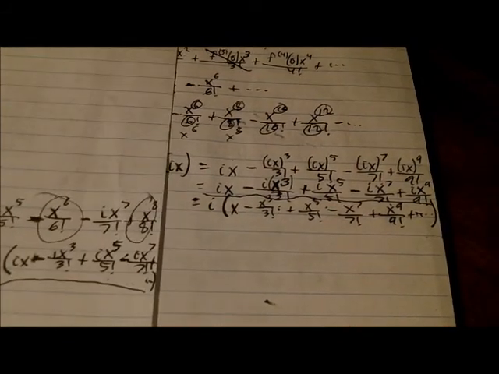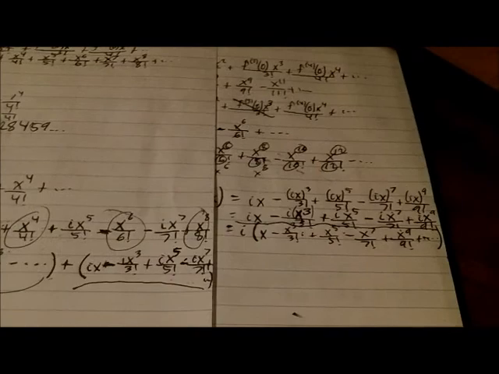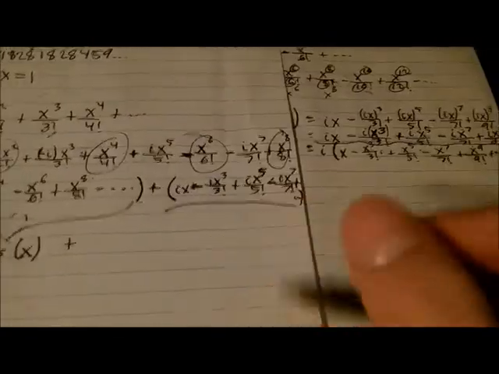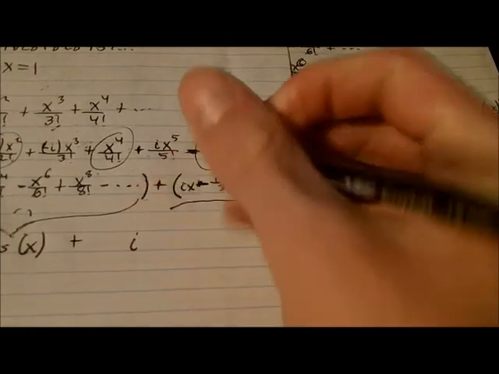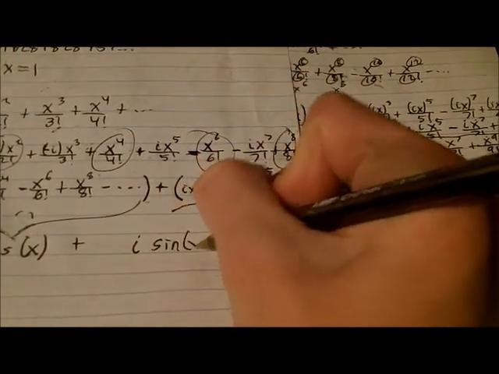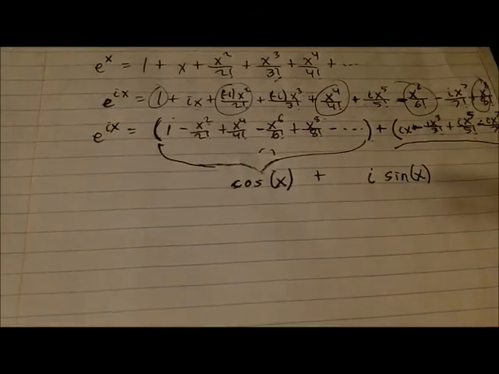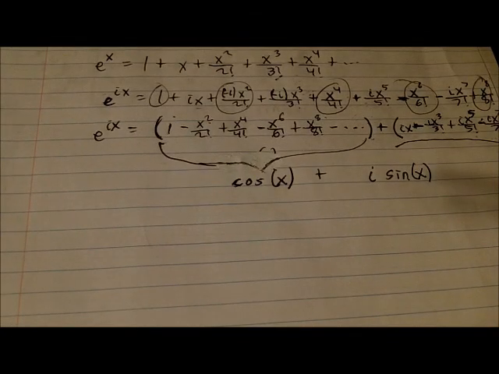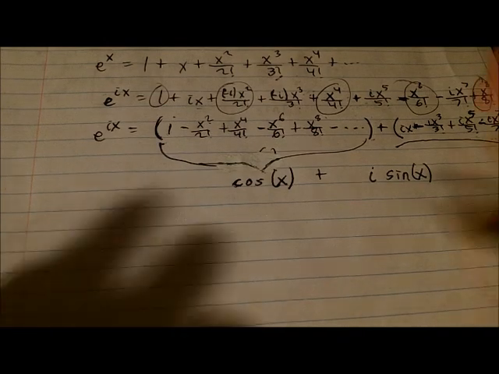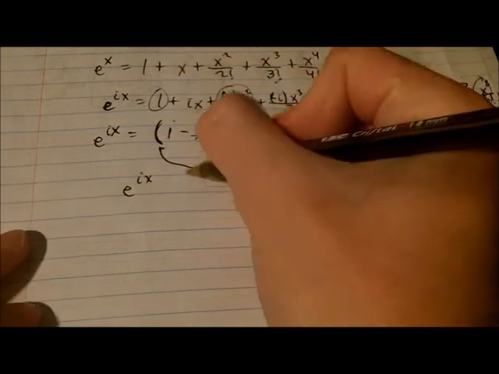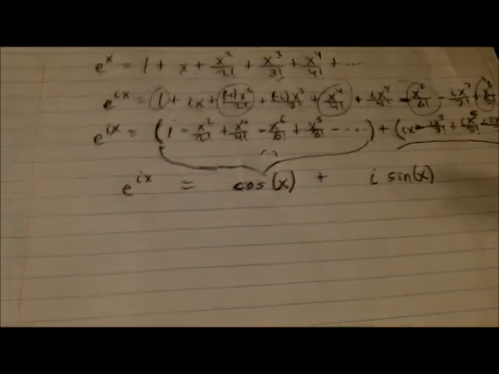So we can use the same tactic, factor out the i, and say it's really i times the sine of x. And so now we've shrunk down a somewhat massive infinite sum into something very tangible and useful. So e to the ix, we have just proven, is equal to cosine of x plus i sine of x.